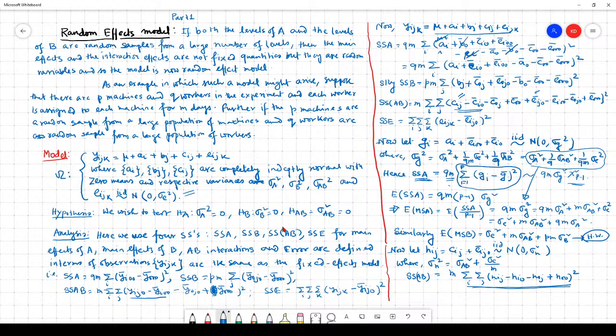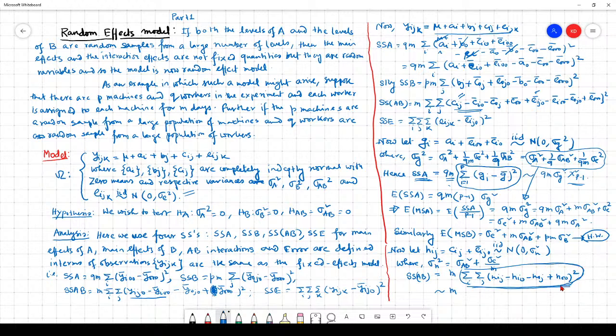So using these observations, you can write that this, because it looks like SSC, just see the expression of SSC, the sum of squares due to error for a two-way ANOVA with one observation per cell.